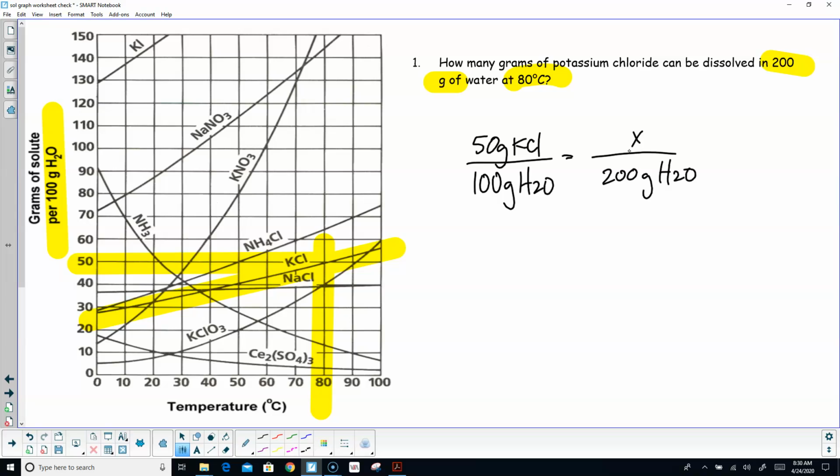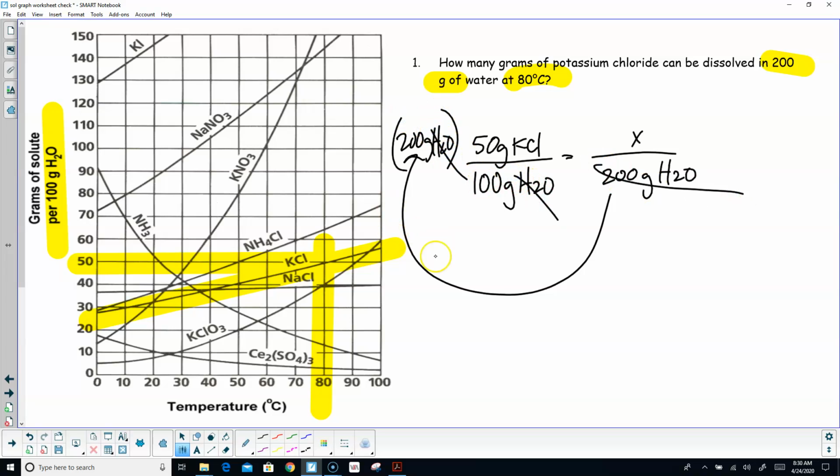So with this equality, we've got the proportion to solve for x, you cross multiply and divide. The 200 comes up here. So you take 200 times 50 divided by 100, and you're going to get 100 grams of potassium chloride.